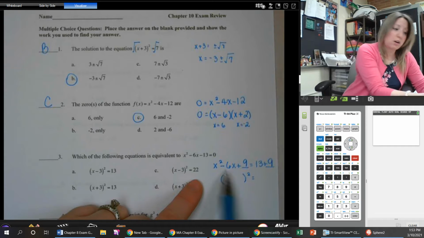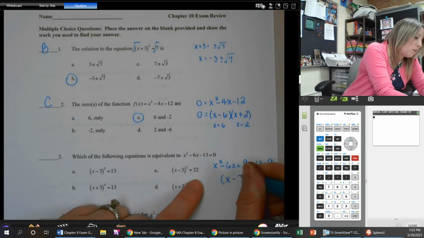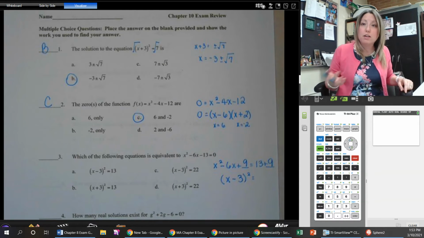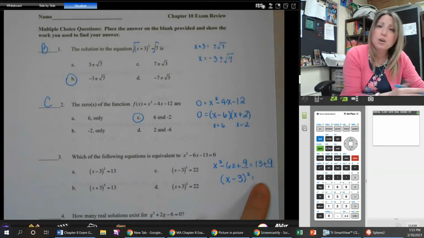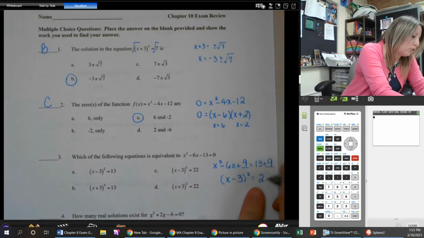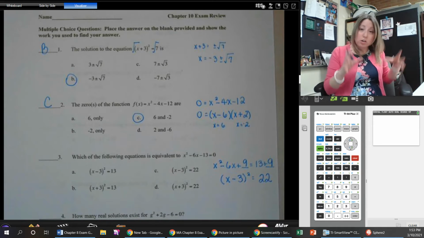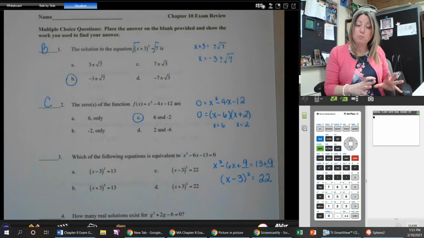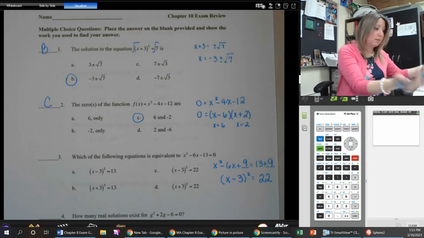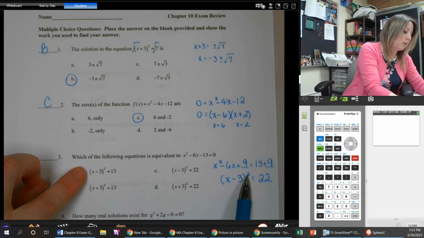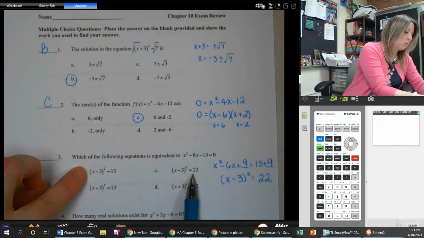So negative 6 divided by 2 is negative 3, which means the binomial squared is x minus 3. On the other side, these are both numbers. 13 plus 9 is 22. And it's looking for an equivalency, so that's where I'm going to stop and then analyze my multiple choices, and look at that. (x minus 3) squared equals 22. There you go.